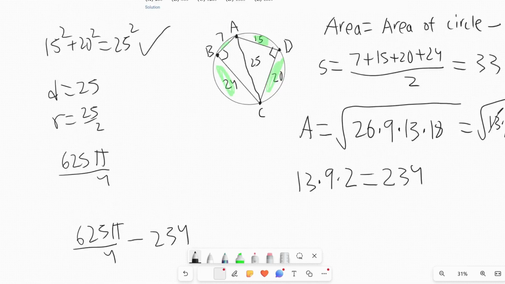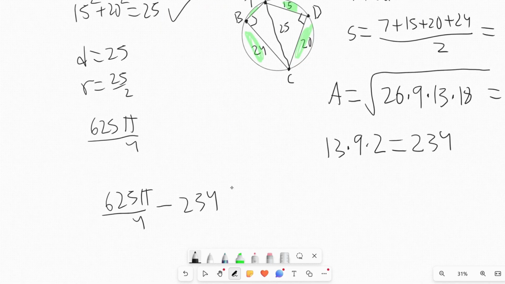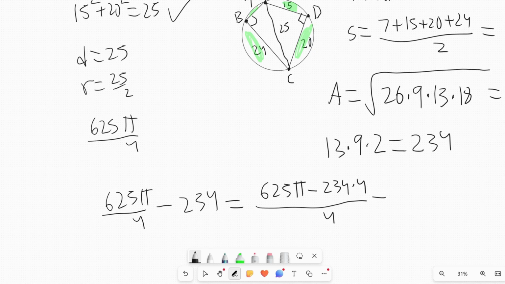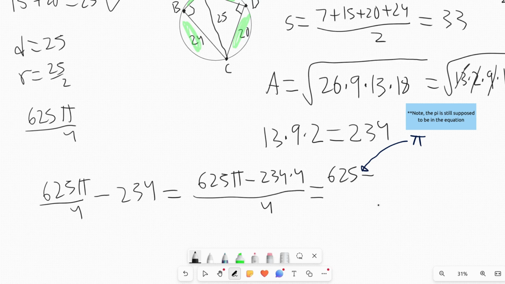So this is our area, and now we just need to convert it into their form. 625 pi minus 234 times 4, all divided by 4. And this is equal to 936.